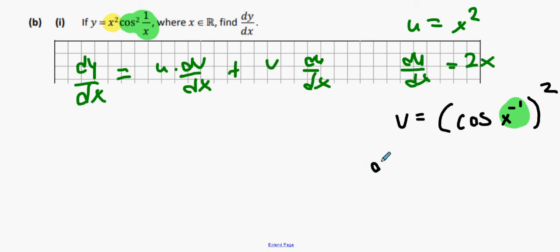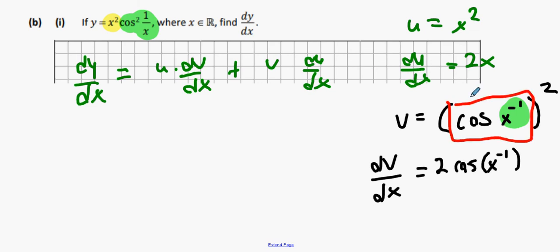Now this unfortunately is a chain rule. The 2 goes to the front, you reduce the power by 1, so it's going to be 2 cos x to the power minus 1. Okay, now the other part that is often missing from this is you have to differentiate this as well. Alright, so to differentiate any cos rule, so example is, what happens when you differentiate cos 3x?